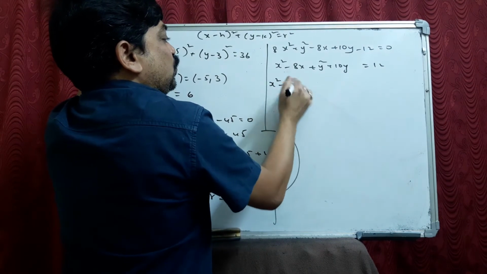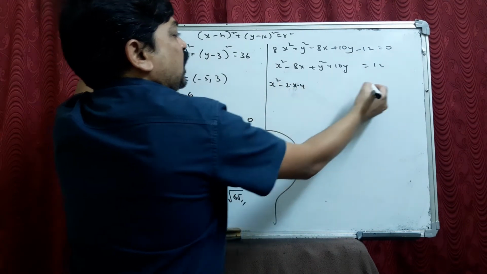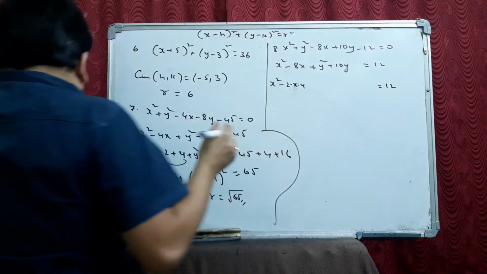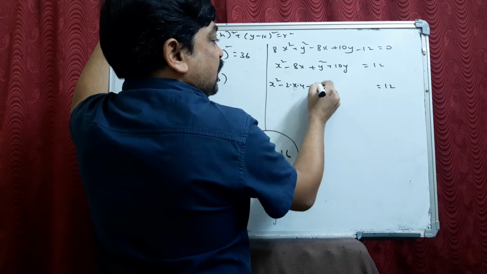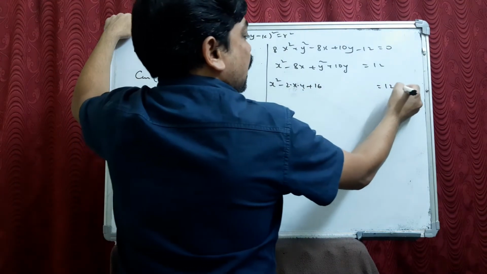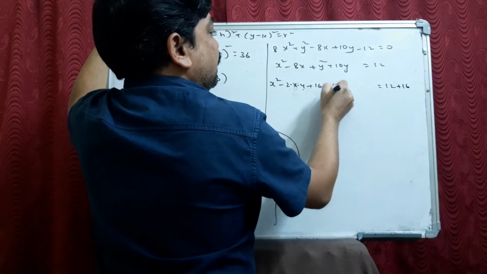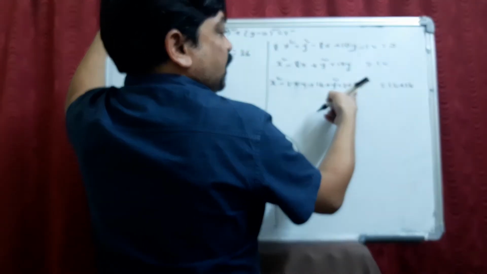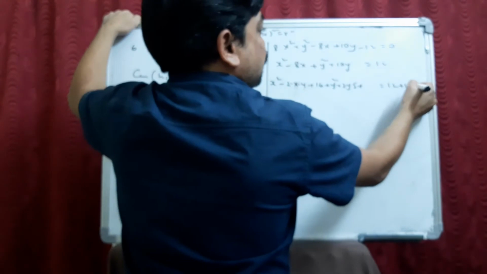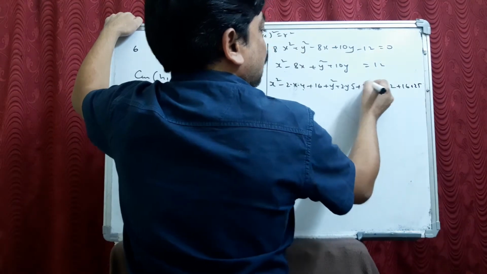You write it as 2 into x into 4. It will become a perfect square when you add 16 because b is 4 here. So add 16 on both sides. In the same way, y square plus 2 into y into 5, it becomes a perfect square, 2ab, when you add 25 on both sides, because b is 5 here, 25.